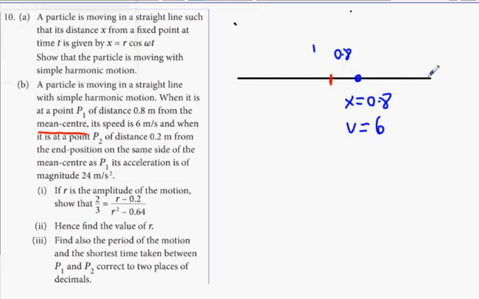If you take that distance from your maximum value, you know when v equals 0, if we take that distance as r, the biggest distance away from the center, where your speed eventually turns into 0 and you start to reverse directions, then P2 happens just before this. In fact, 0.2 of a meter before this point.